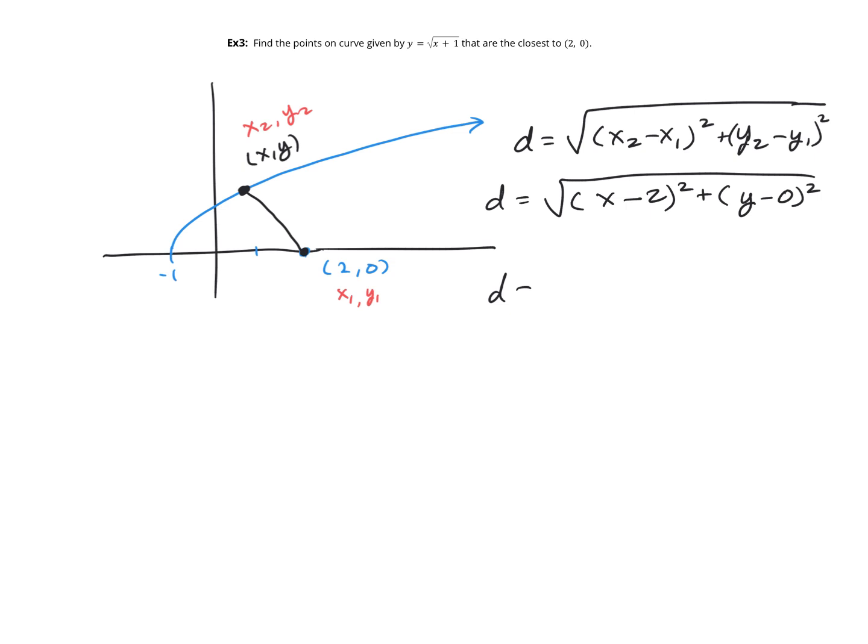And again, it's in terms of two variables. It's the square root of x minus 2 squared plus y squared. And just as we've seen in other examples, we have our constraint that we have to use to reduce our objective equation down to a single variable.